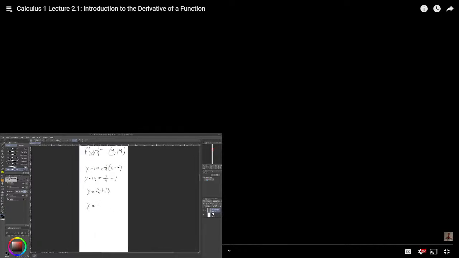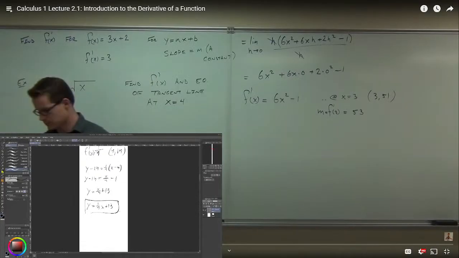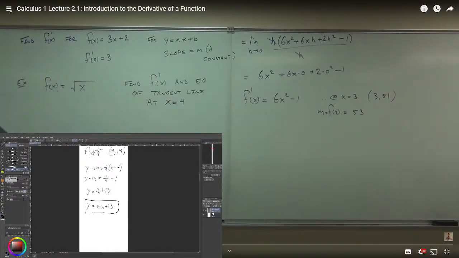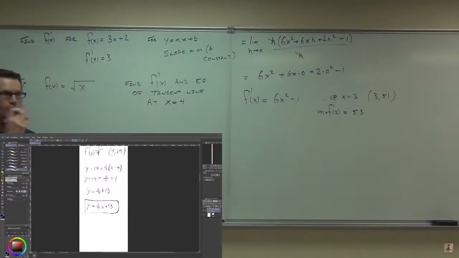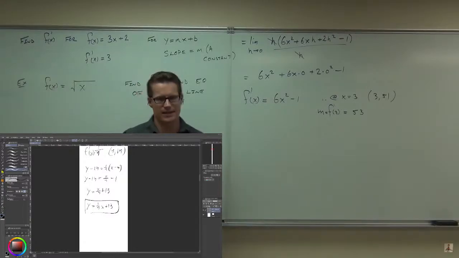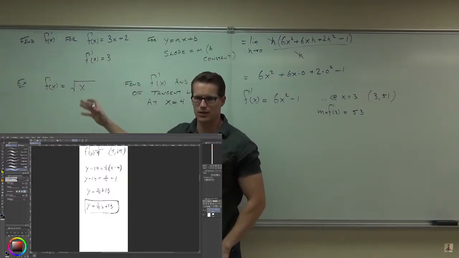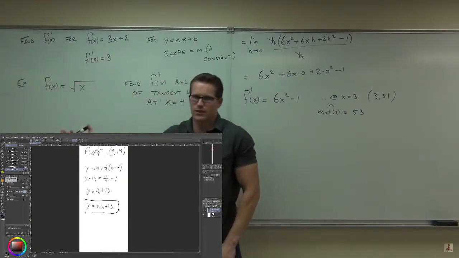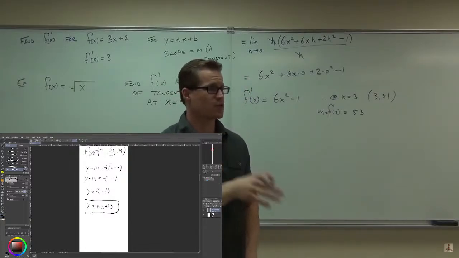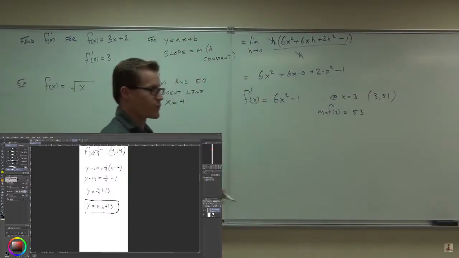And to make this better, actually, I'll separate the slope so you can see it. First thing we got to do, in order to find the derivative, this is not easy like our lines. We can't just look at that and go, oh, the slope is, we don't know, right? So we're going to have to use the formula for the derivative, for the slope.